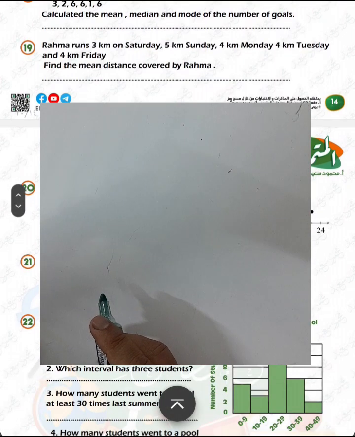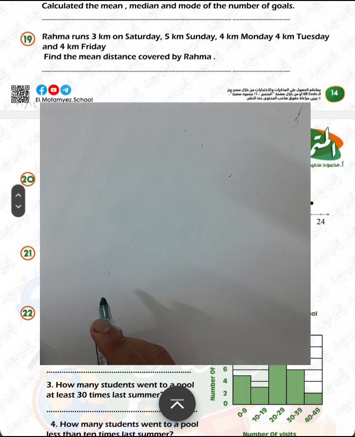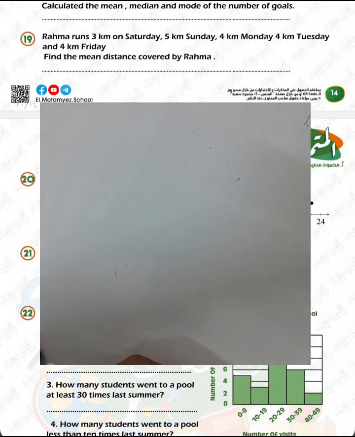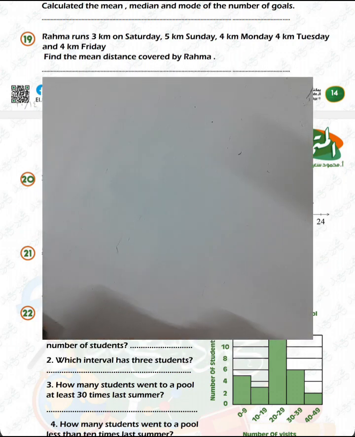Question 19. Rahma runs 3 kilometers on Saturday, 5 kilometers on Sunday, 4 kilometers on Monday, 4 kilometers on Tuesday, and 4 kilometers on Friday. Find the mean distance covered by Rahma.